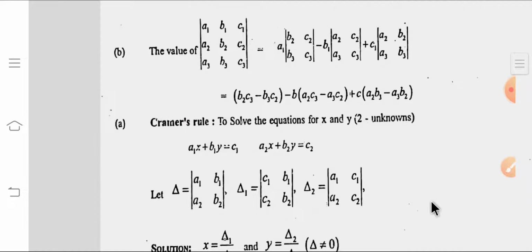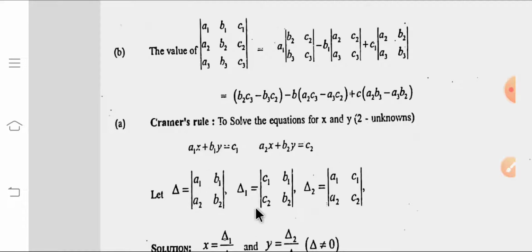Now Cramer's rule. So what is Cramer's rule? By using Cramer's rule we find unknown quantities. Suppose the given system is two equations in two unknowns: a1x plus b1y equal to c1, a2x plus b2y equal to c2. Let delta be the determinant of the coefficients of the unknowns, a1 b1 a2 b2.